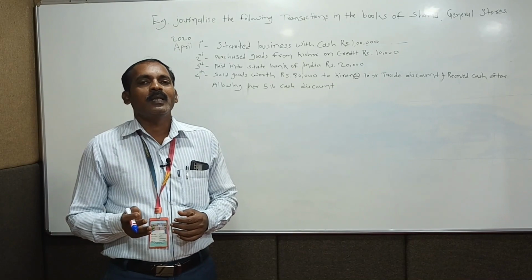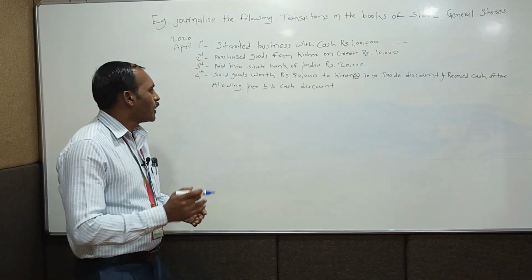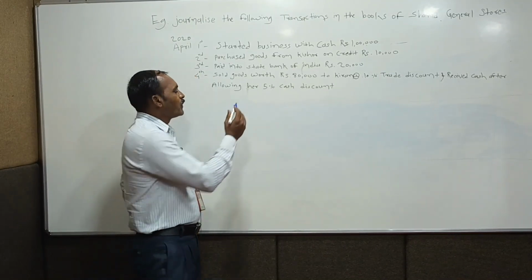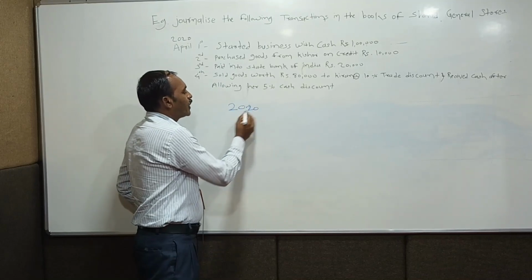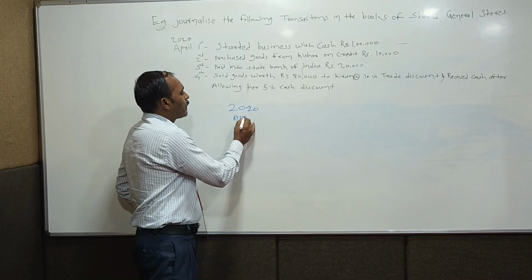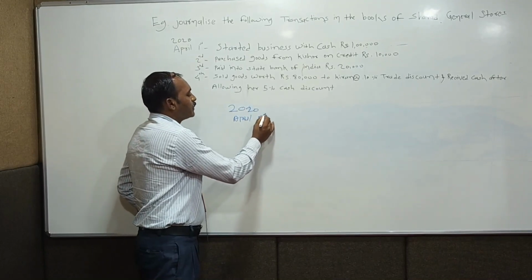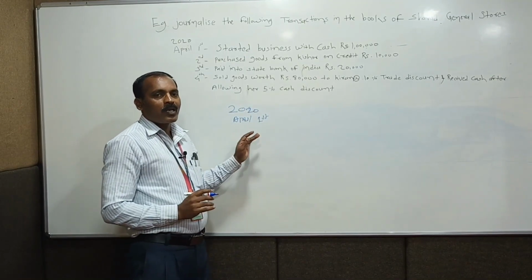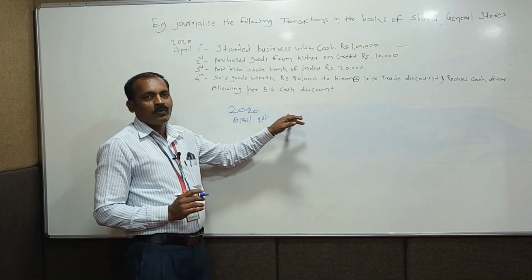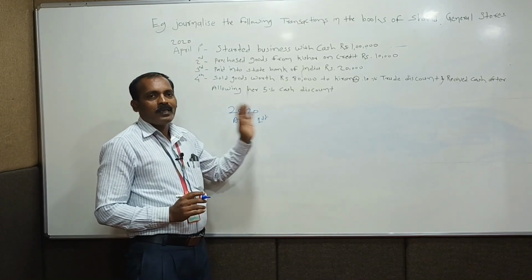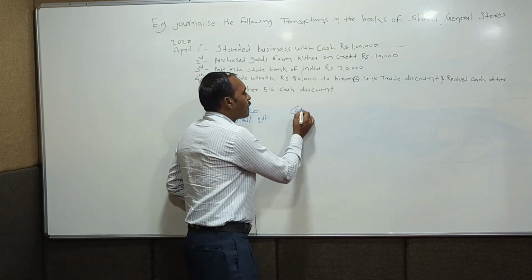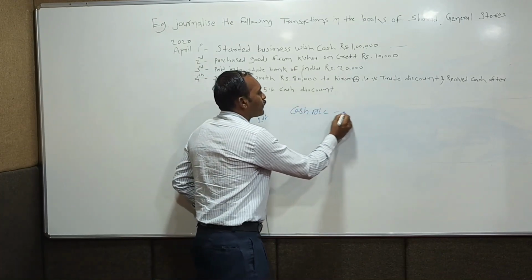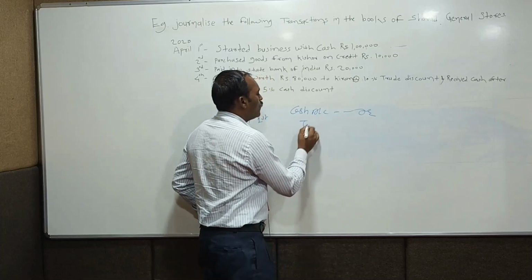So this transaction is recorded in the journal. First in the date column, first the year 2020, then the month April 1st. Then in the particulars column, the first effect goes to debit and the second effect is credit. So the first effect is cash account debit, cash account debit to capital account.